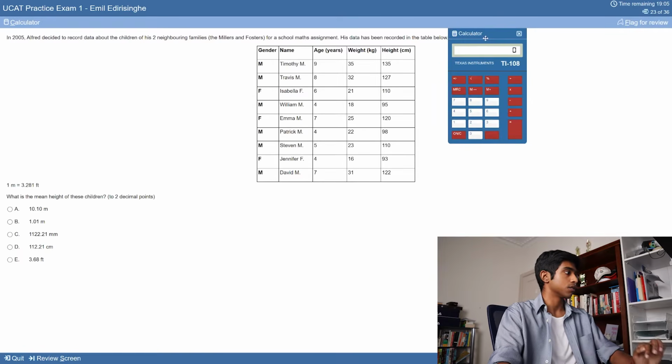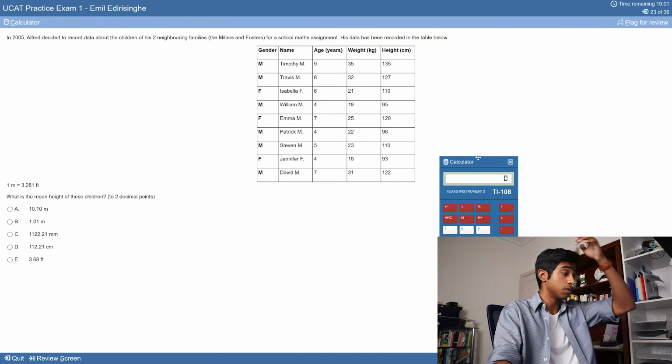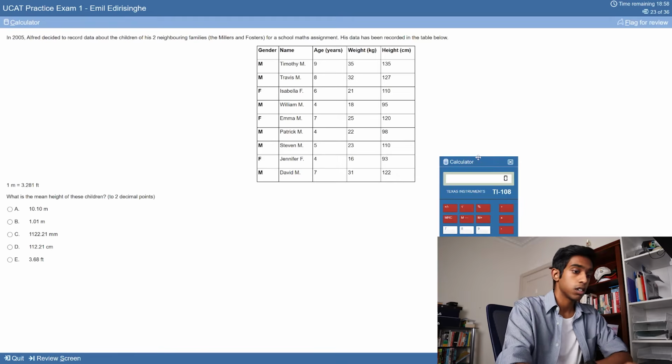Mean height of these children. Okay. Height is going to be 135 plus 127, and so on.